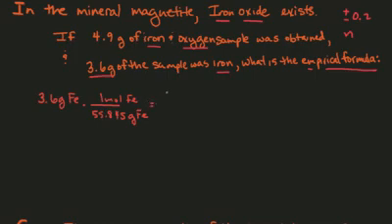So if we were to do that on your calculator, let's see what we get here. We got 3.6 divided by 55.845, and that gives you 0.06446.